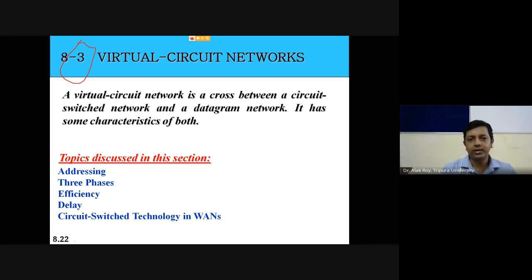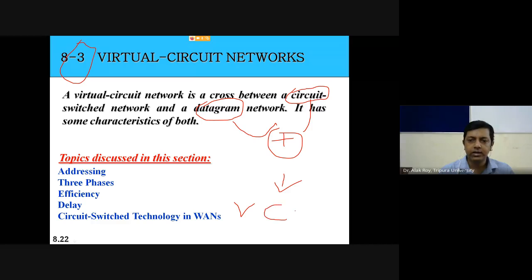It has some characteristics of both. It combines the advantages of datagram and circuit together to form your virtual circuit network.